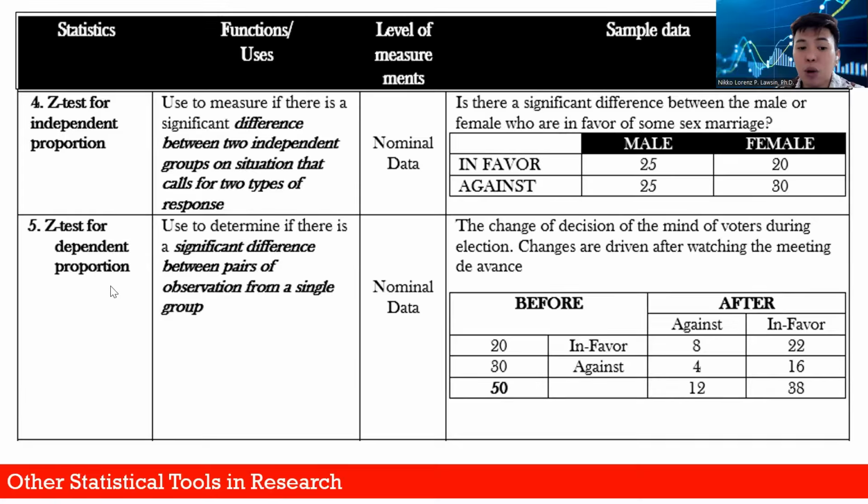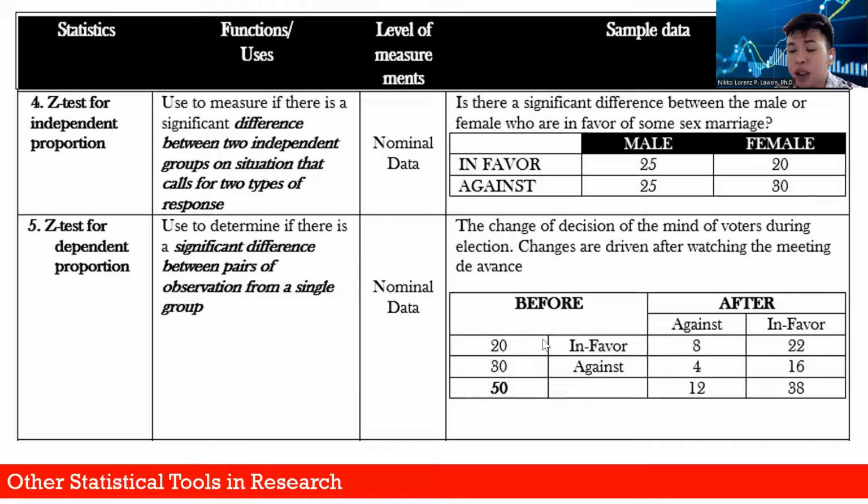For dependent proportion, the samples are the same, or there is a significant difference between pairs of observations from a single group. For example, the change in decision of voters during election, what changes are driven after watching the meeting de avance. Before, there are 6 who are in favor, while 30 who are against.